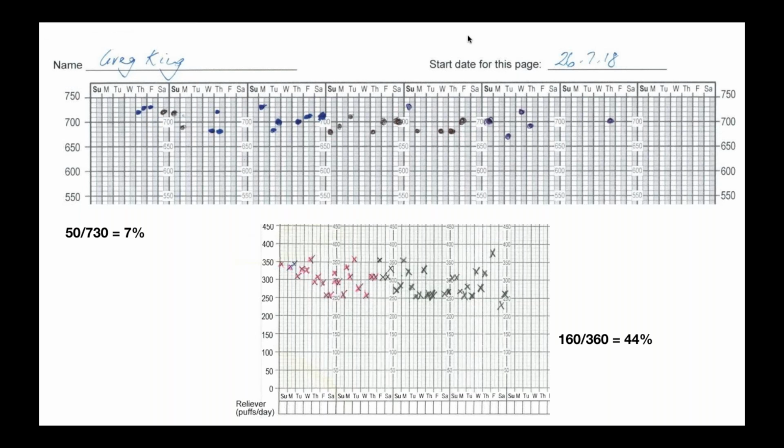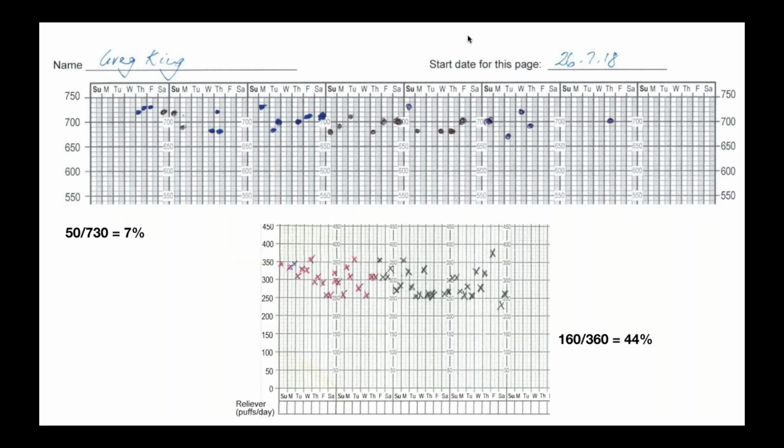The difference between the best and the worst, between 730 and 680, is about 50. So 50 as a percentage of the best, 730, is 7%. And in my head, I have a rough number of about 10% for normals. So healthy individuals might demonstrate a variability of around 10% in peak flow.